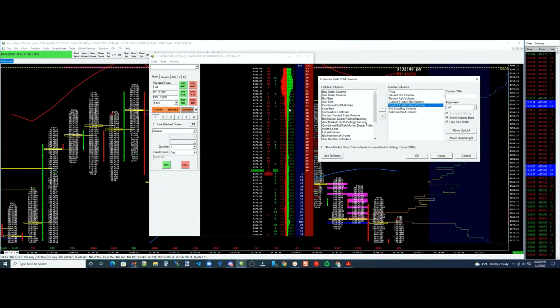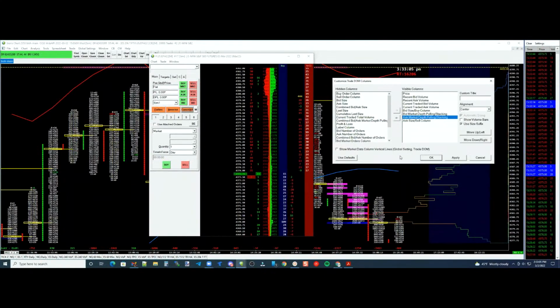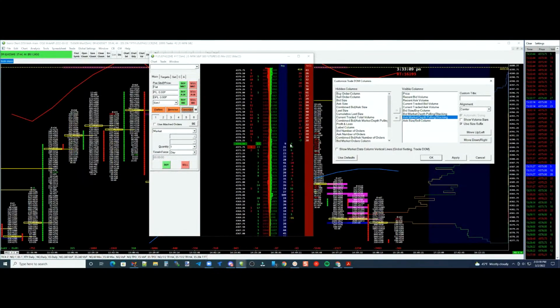So now we have our volume histogram. Now let's go into and add our pulling and stacking. I put it between the resting orders. Why? Because I want to see what the pull is and the stack is on the bid and the offer.